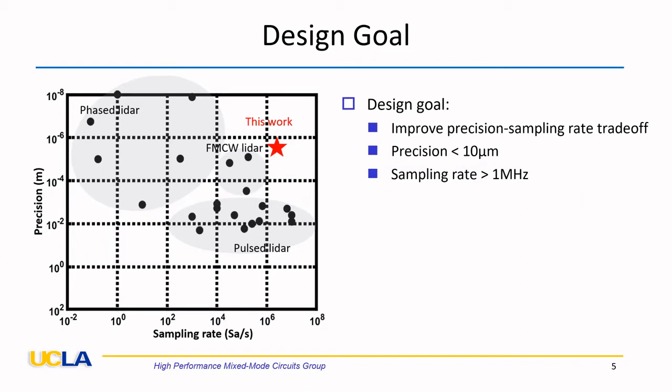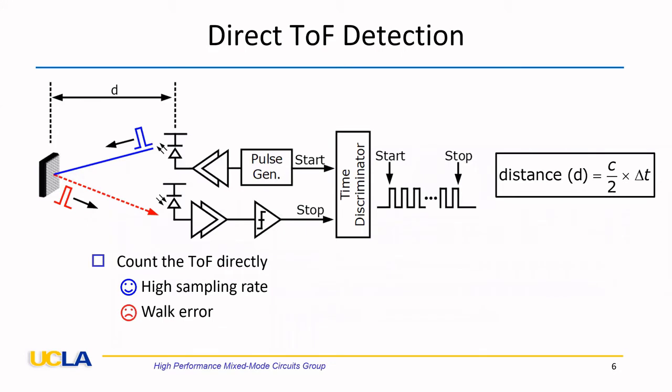Next, I will give a brief introduction to two kinds of conventional LiDAR architectures. We can categorize the detection into two categories, either direct time-of-flight detection or indirect time-of-flight detection. For direct time-of-flight detection, which is also known as pulse detection, the transmitter generates a pulse and emits the pulse laser.